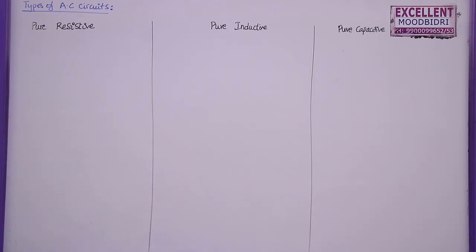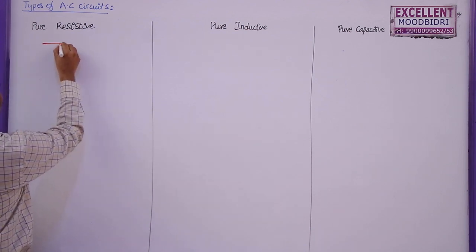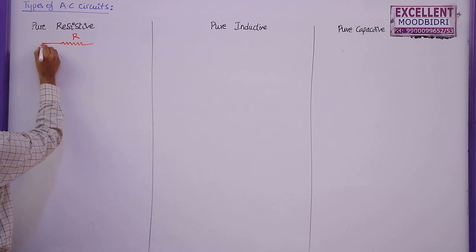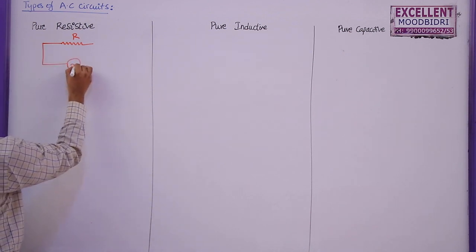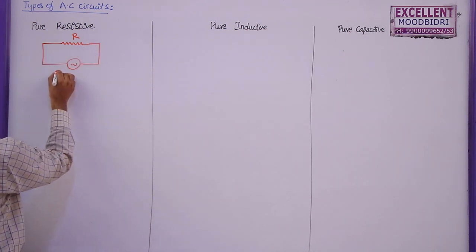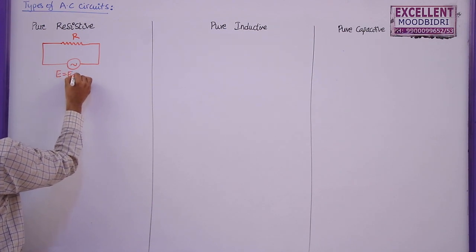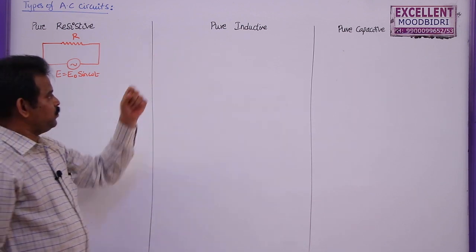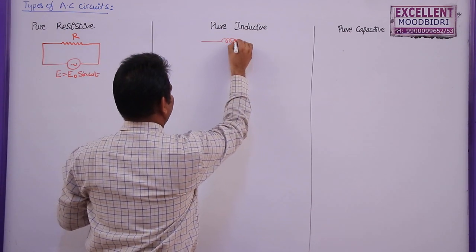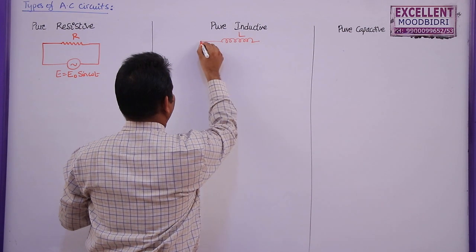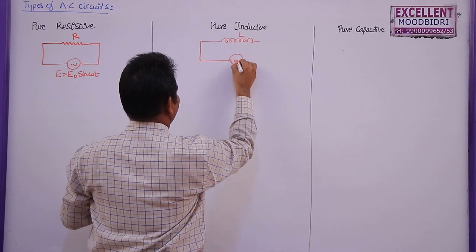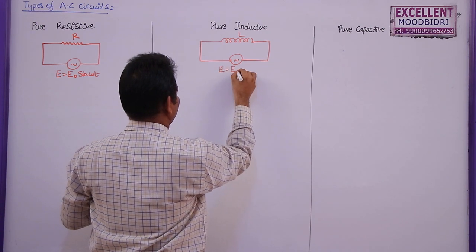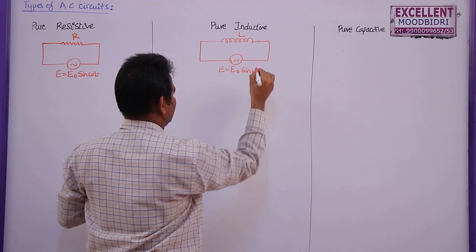First, let me draw the circuit here. This is a pure resistor, that means only one resistor is connected to a source of AC EMF. Let me take the EMF as E naught sin omega t. Similarly, in a pure inductive circuit, an inductor of inductance capital L is connected to an AC source of EMF E equal to E naught sin omega t.